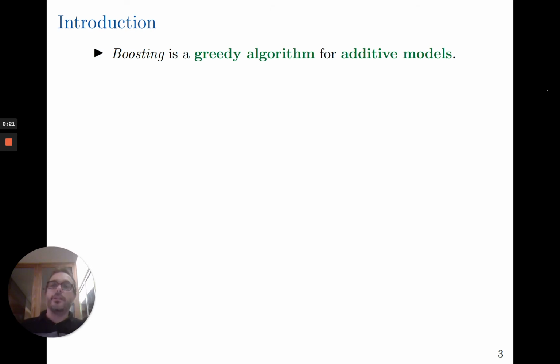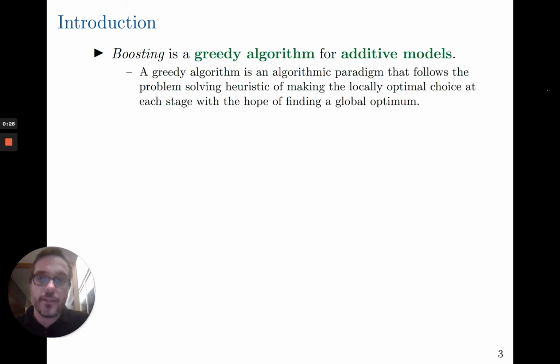So boosting is a greedy algorithm for additive models. So let's start defining what a greedy algorithm is. A greedy algorithm is an algorithm paradigm that follows the problem-solving heuristic of making the locally optimal choice at each stage with the hope of finding a global optimal.